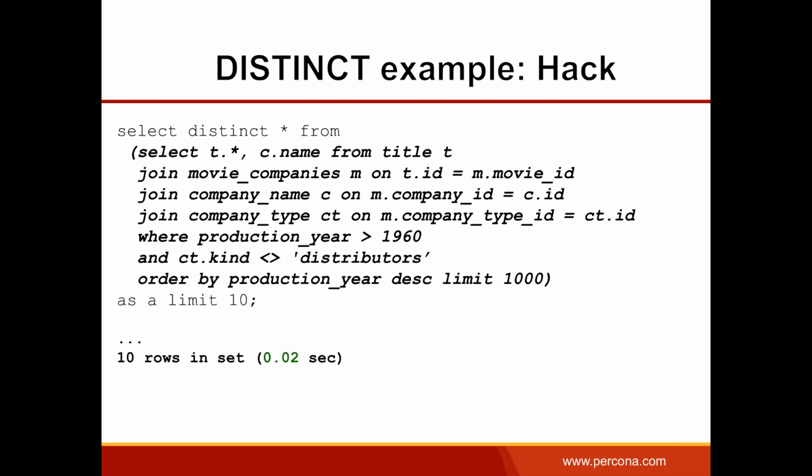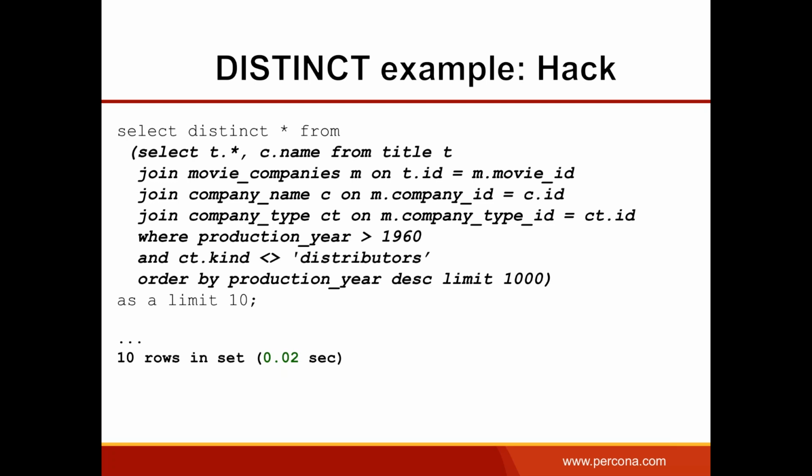Now, in this particular case, the distinct will be happening on the table that is already filtered. So we do all the filtering inside of the subquery, then we do limit 1,000 that will only return 1,000 rows, and then we do a distinct to remove the duplicates from only 1,000 rows compared to 4 million rows originally.